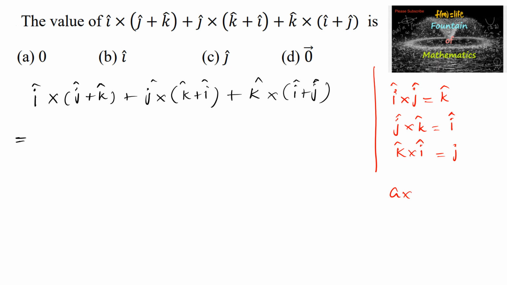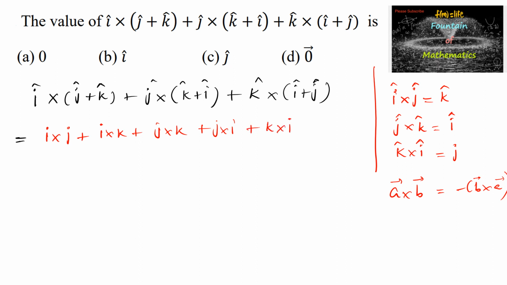And we know that the cross product a cross b is equal to negative of b cross a. So let us do the cross product: i cross j plus i cross k plus j cross k plus j cross i plus k cross i plus k cross j.